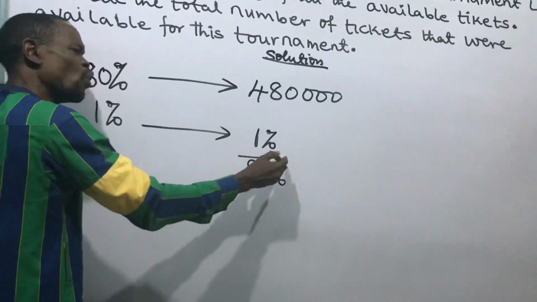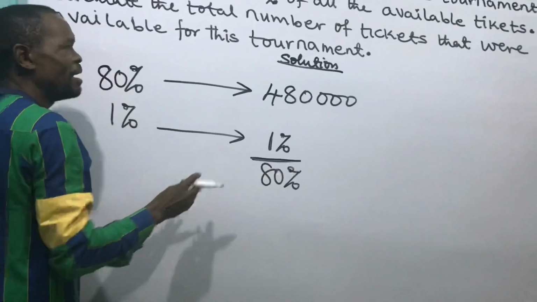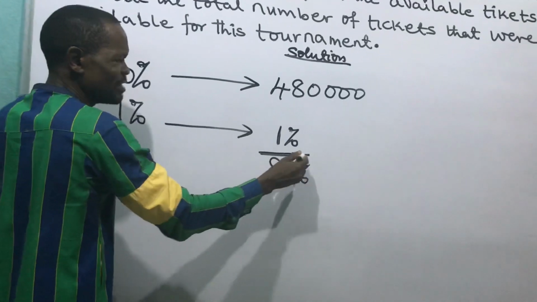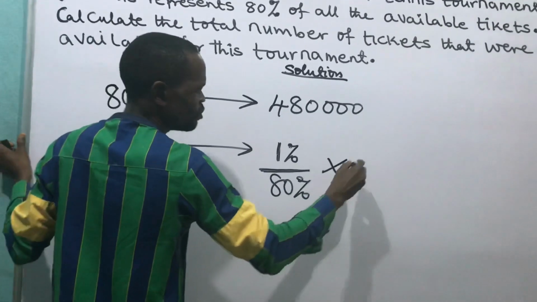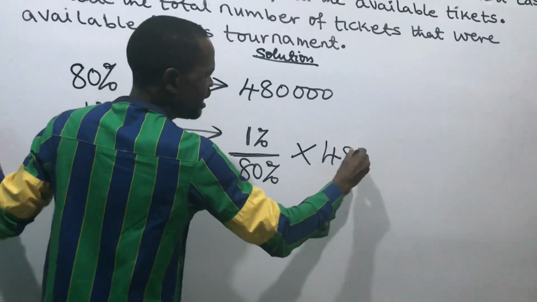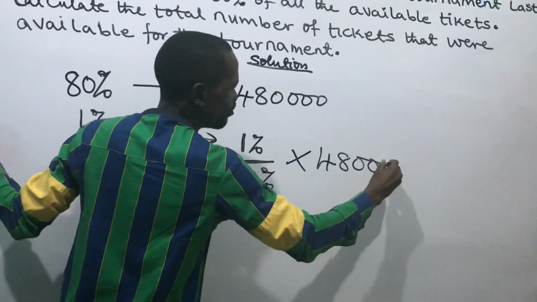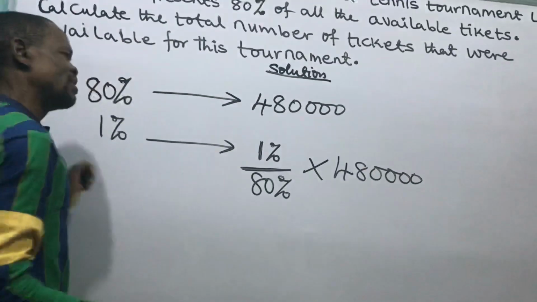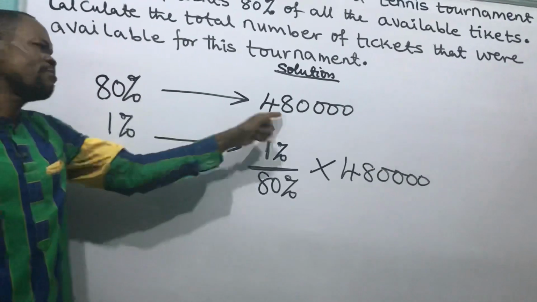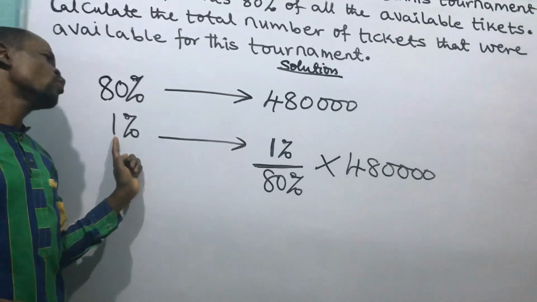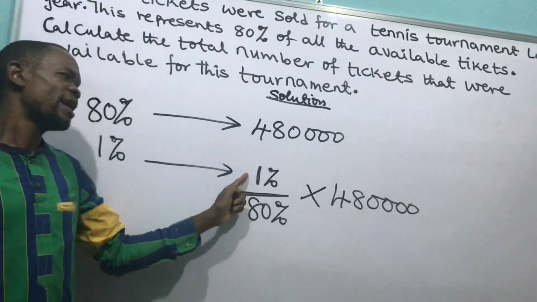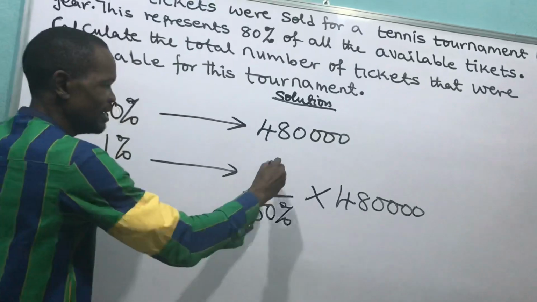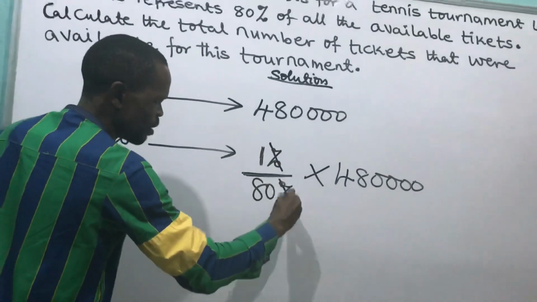My reference value always divides. You remember, reference value always divides, times 480,000. That means if this gave me this, then the comparing value, what is it going to give me? My reference value divides my comparing value, and that gives me this. This will cancel. Percentage destroys percentage.